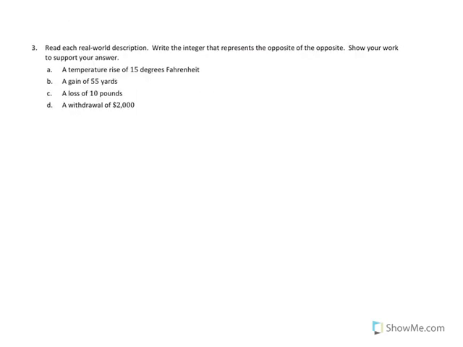Let's read each real-world description. We're going to write the integer that represents the opposite of the opposite, okay? And we're going to write it as an integer, and show our work. So, the first one is a temperature rise of 15 degrees Fahrenheit, which would be positive 15.